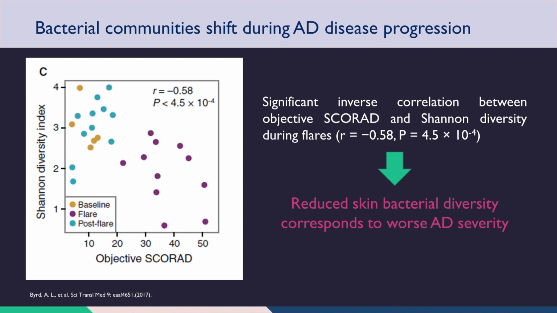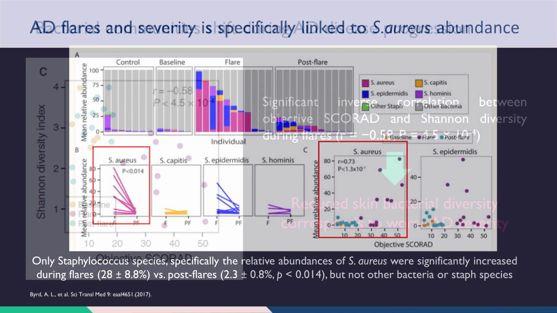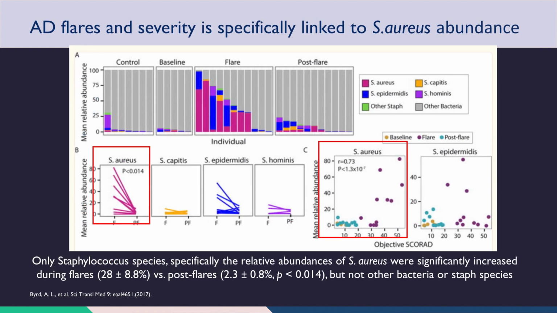There is a significant inverse correlation between objective SCORAD and this diversity during the flares. So this leads to reduced skin bacterial diversity, which then corresponds to worse AD severity. AD flares and severity are specifically linked to Staph aureus abundance, and only Staph species specifically. The relative abundance of Staph aureus was significantly increased during the flares.